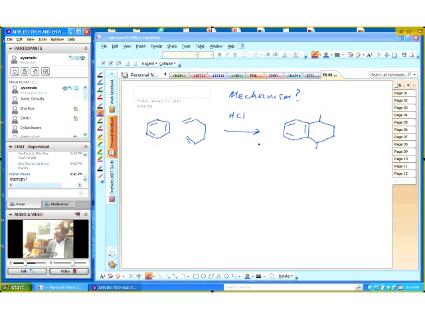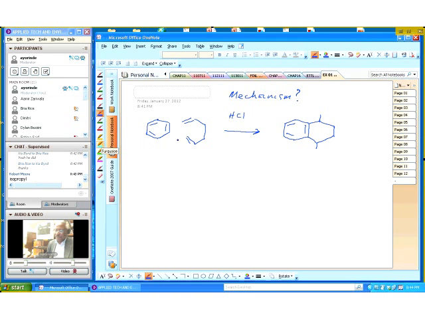Now let us do this. I need the mechanism for this. What is the first thing that is going to happen? What kind of analysis do you want to do here? If you take a look at this, this carbon is this carbon, and then this carbon here, that is the analysis that you need to do.